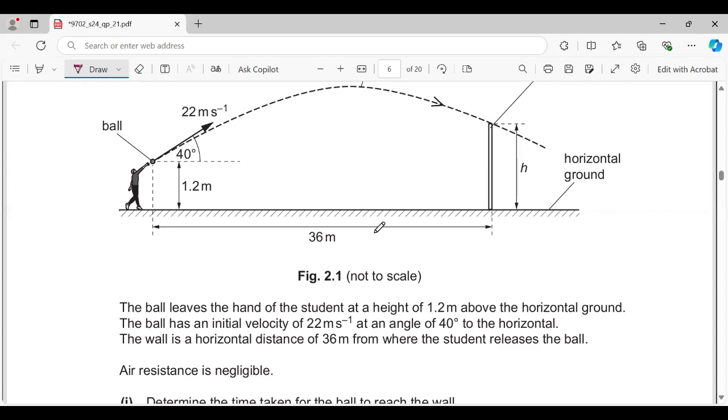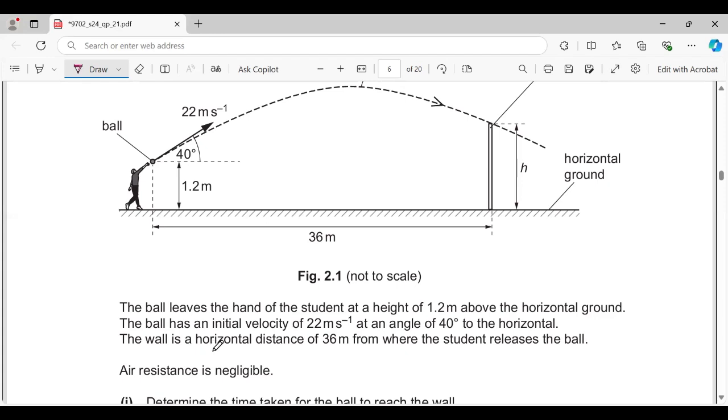This is the horizontal ground. The ball has an initial velocity of 22 meters per second at an angle of 40 degrees to the horizontal. This is the angle between the horizontal line and the path of the ball.